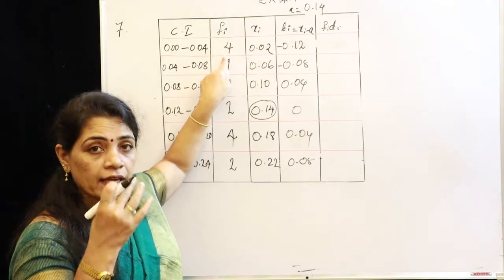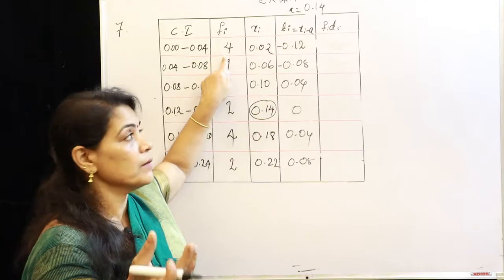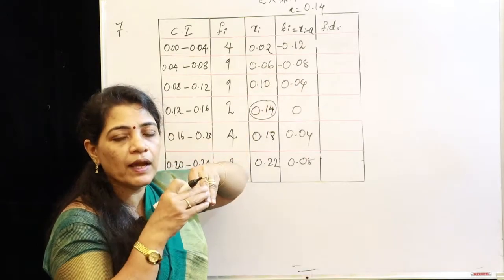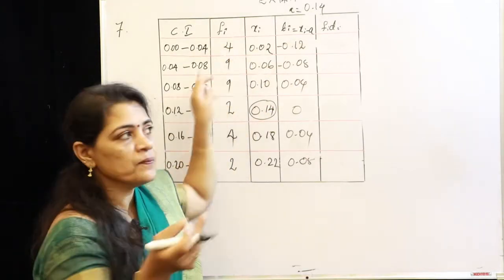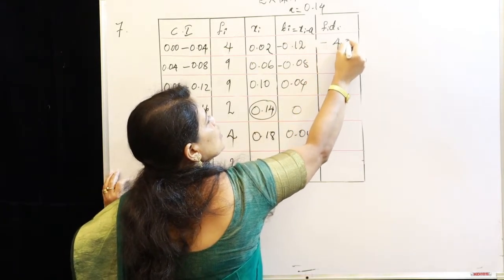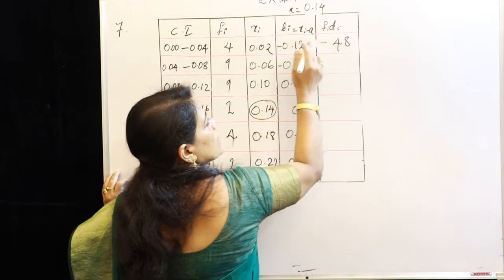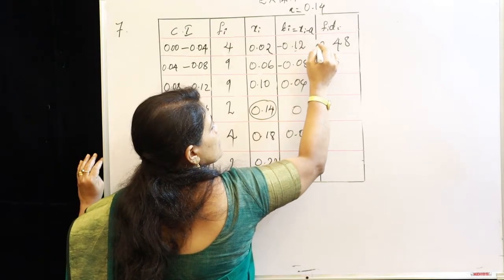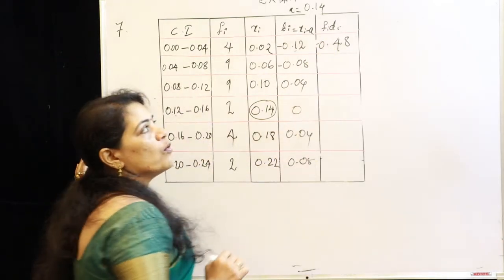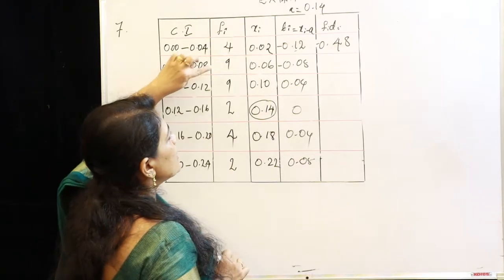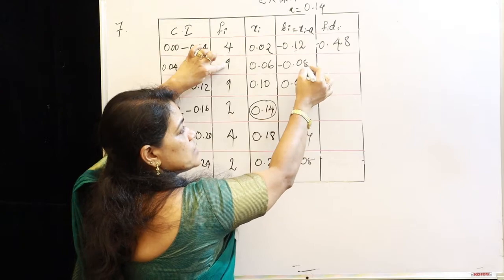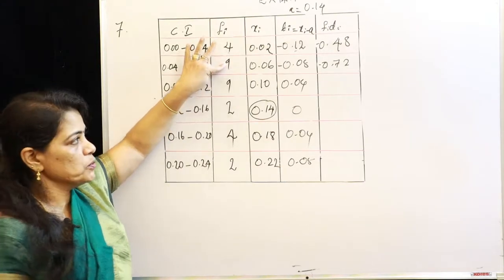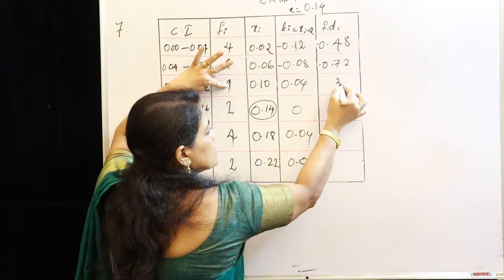This should be done very carefully, as we are dealing with very small decimal numbers. 4 into 0.12: multiply without the decimal, 12 into 4 is 48, negative. With 2 decimal places, the decimal point comes to the left, so minus 0.48. Here 9 into 8 is 72, so negative 0.72.